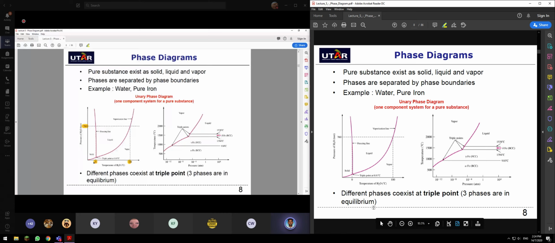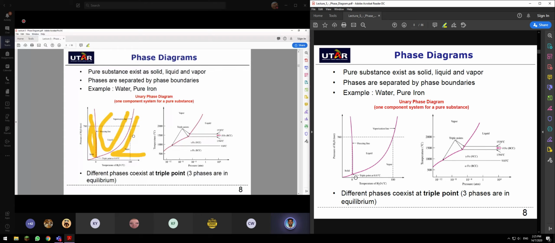After 0 degrees Celsius, let's say you are at room temperature at normal 1 atm, water is liquid. At 100 degrees Celsius, at 1 atm atmospheric pressure, water will start to vaporize. So this region is vapor, this region is liquid, and this region is solid.